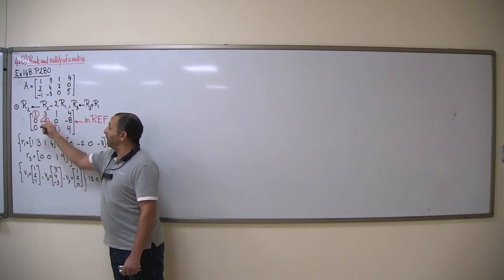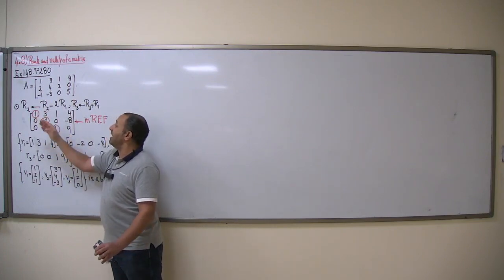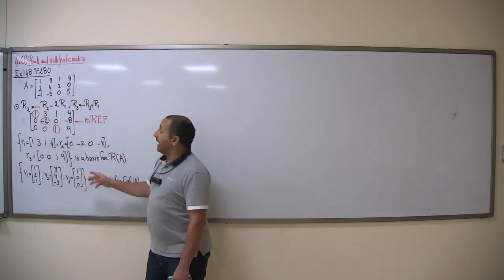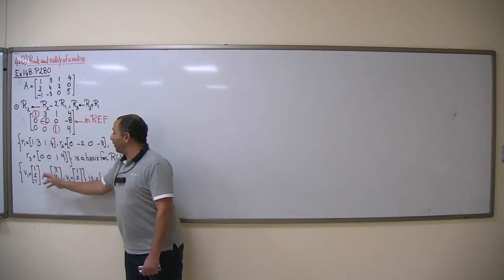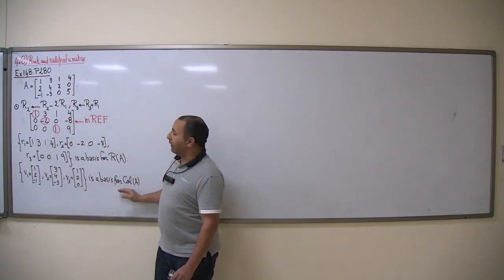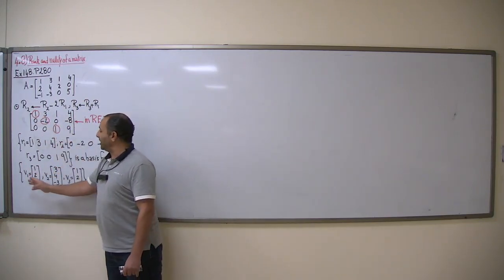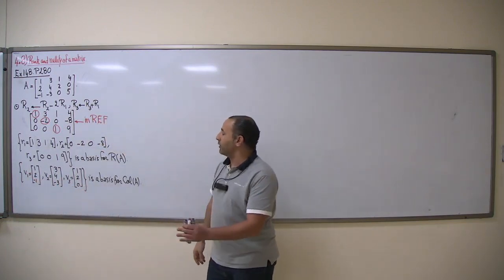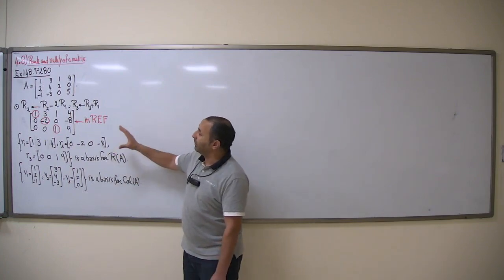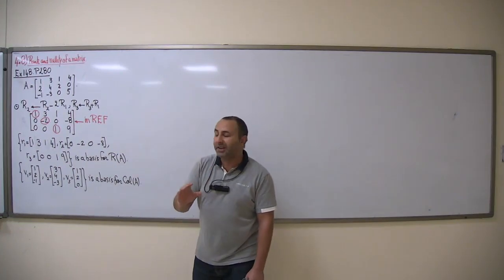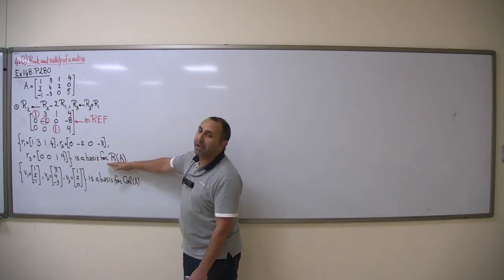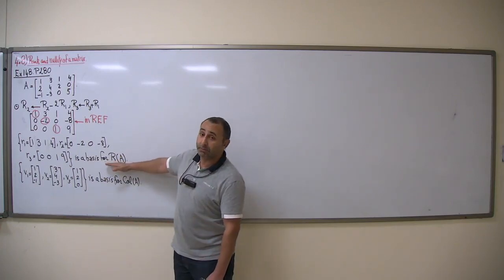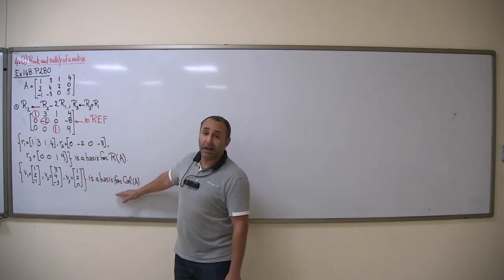So the number of leading terms, what I call pivots, gives you exactly the dimension of R of A. And it is the same for the column space of A. The number of pivots tells me exactly how many vectors you have in the basis, and that will give you the dimension. So you will see here through this example that you will always have the dimension of the row space equal to the dimension of the column space.